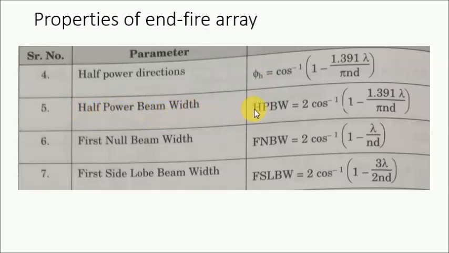But in the case of the broadside array, it is equal to 2 into the absolute value of pi by 2 minus phi h. Now if we consider the first null beam width, that is equal to 2 cos inverse of 1 minus lambda upon nd. The first side lobe beam width is 2 into cos inverse of 1 minus 3 lambda upon 2nd.